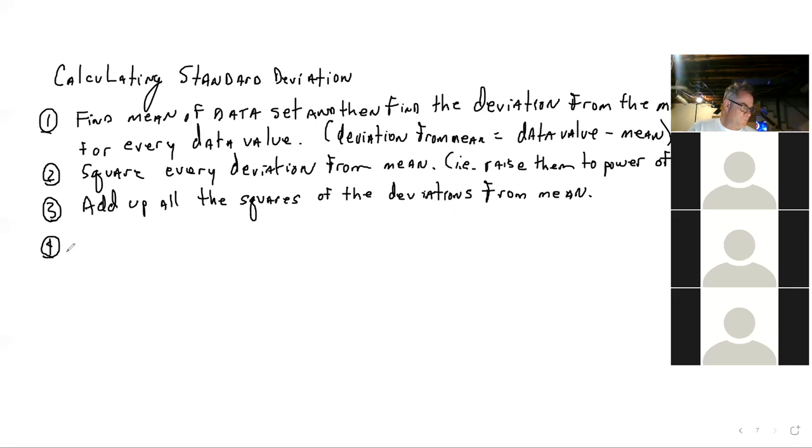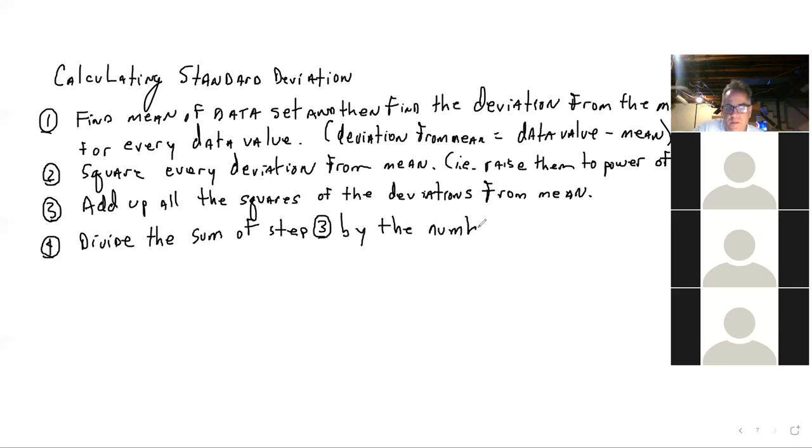Number 4. Now, I'm going to divide the sum of step 3 by the number of data values minus 1.